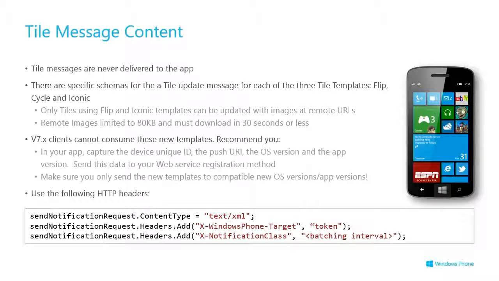So tile message content, as Andy just said, is never delivered to the app. The OS is handling these things, whether it's the flip, the cycle, or the iconic tiles, updating it. And for updates with images, remote URLs, remote images are limited to 80K, and they have to be able to be downloaded in 30 seconds or less.